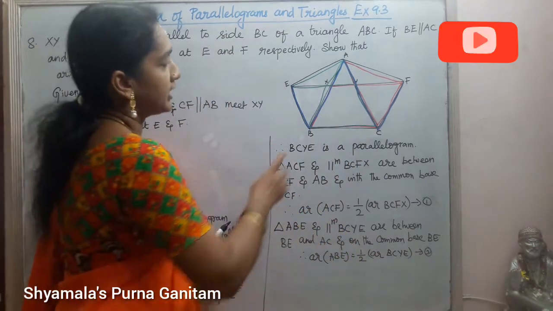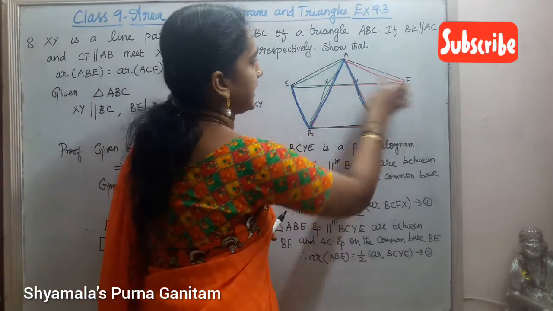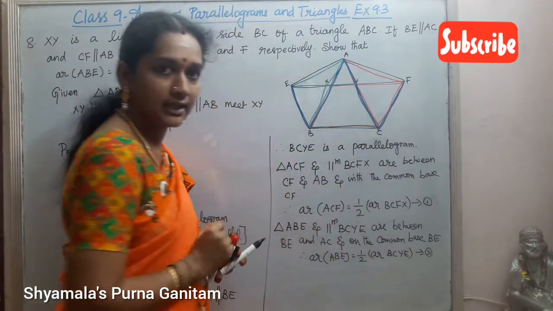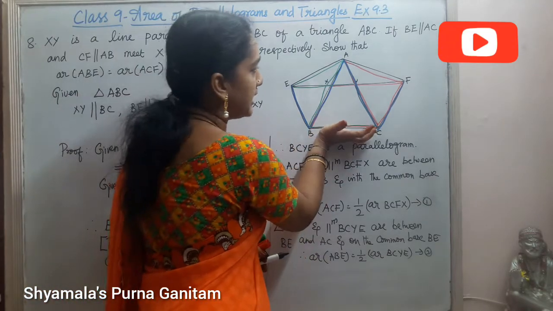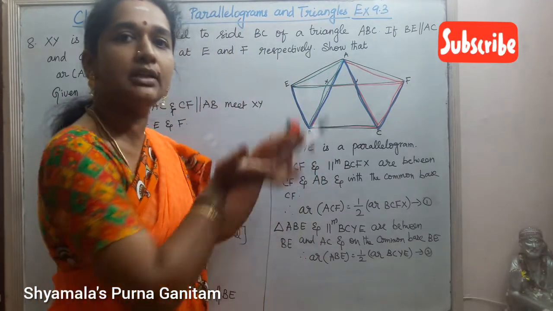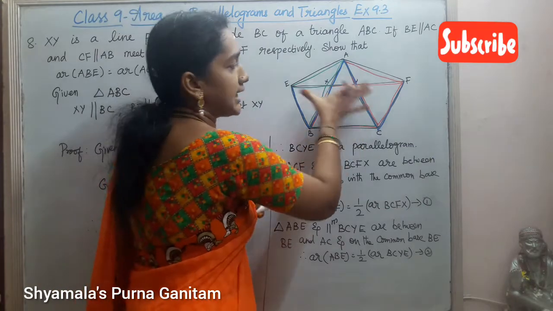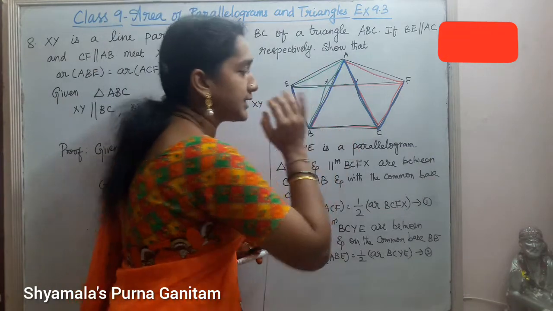Okay, now we have two parallelograms here, BCFX and BCYE. Both the areas are equal, as they are between the same parallels BC and EF, and the common base is BC.